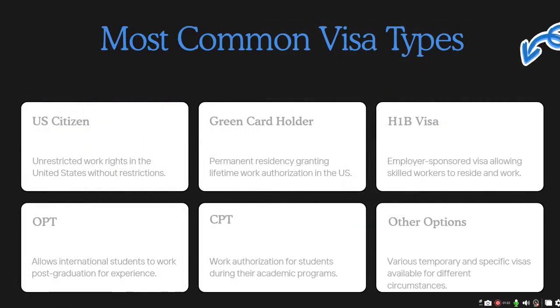So the most common visa types we will discuss here. First, a US citizen. A citizen can work for any employer without restrictions. He can do W2, corp to corp, 1099, full time, everything. Same as a green card. A green card is basically a residency visa, a lifetime work authorization in the US.